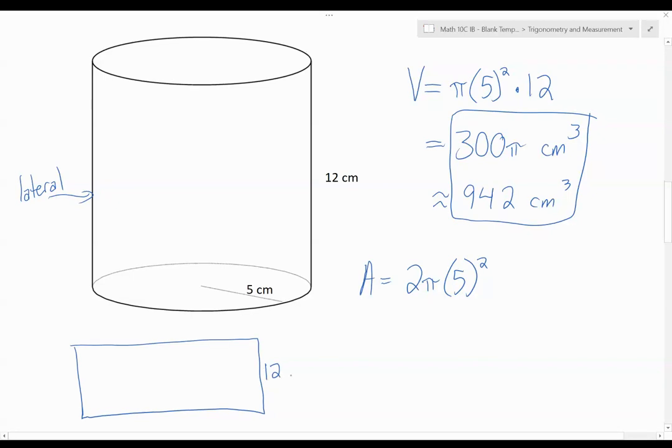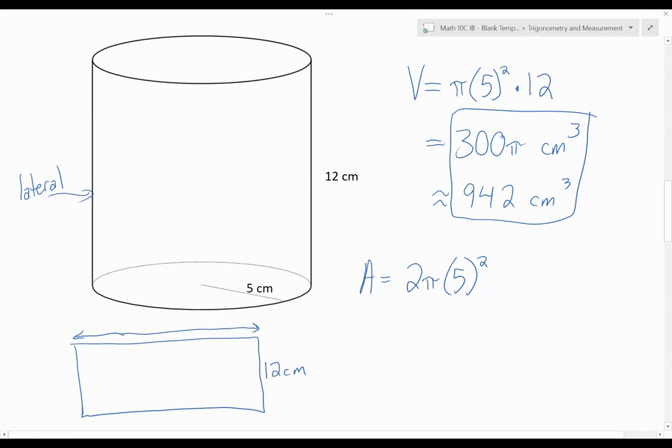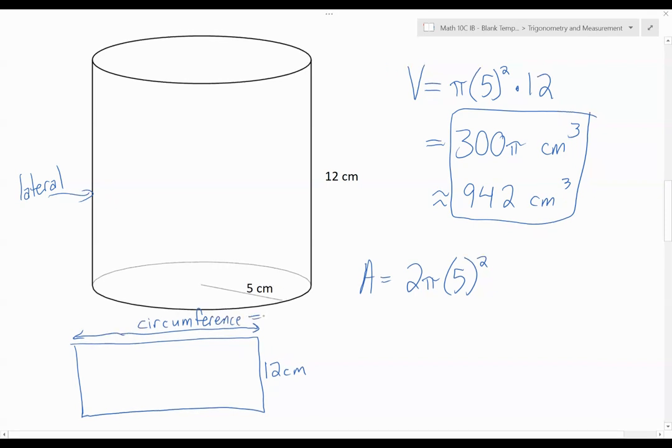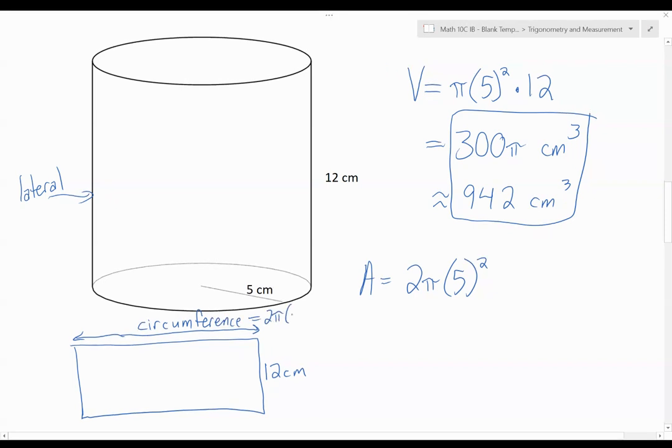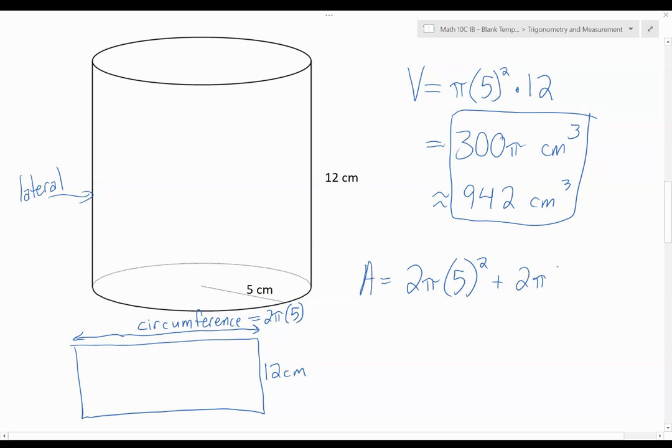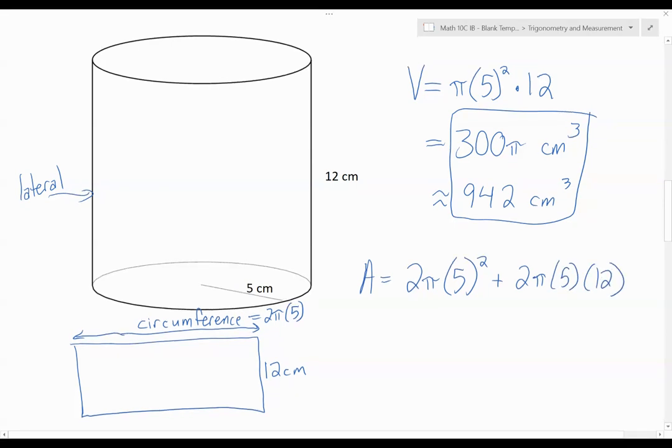The height of the rectangle is the 12 centimeters, and the width of the rectangle is going to be the circumference of the circle. So the circumference of that circle is 2 pi r, which is 2 times pi times 5, or 10 pi. So the area is the two circles plus 2 times pi times 5 times 12 for that lateral area, that's the rectangle.